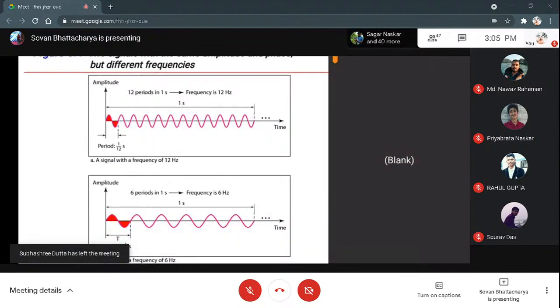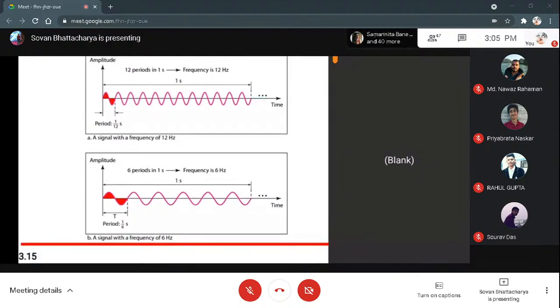But in the second example, the time period is 6, so that should be double. That is why the frequencies are different.